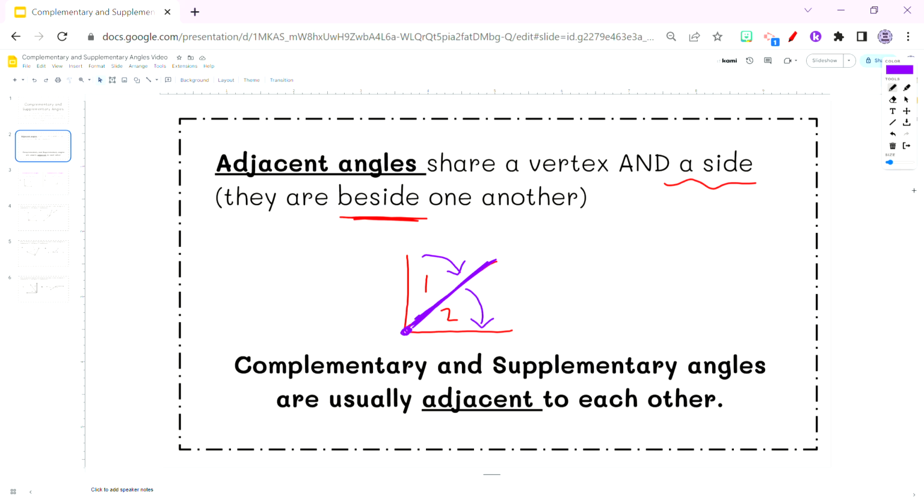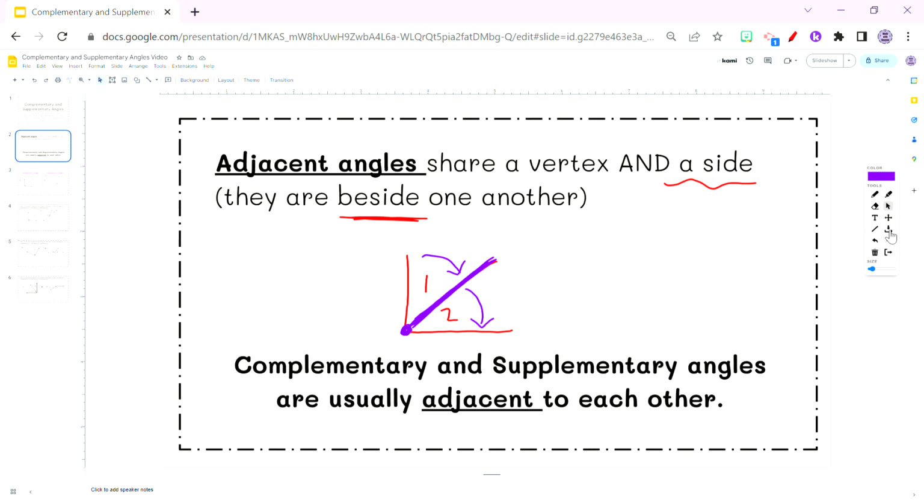They share this common side and this common vertex. Both of those angles lie on that same side and they have the same vertex. So this is an example of adjacent angles, angles that are right next to each other. Complementary and supplementary angles are usually adjacent to each other.